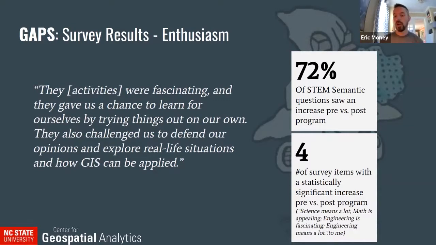And those were science means a lot. So there was a statistically significant increase in the statement, science means a lot to me, pre versus post program. Similarly with math is appealing, engineering is fascinating, engineering means a lot. So all of those saw a significant increase in enthusiasm.